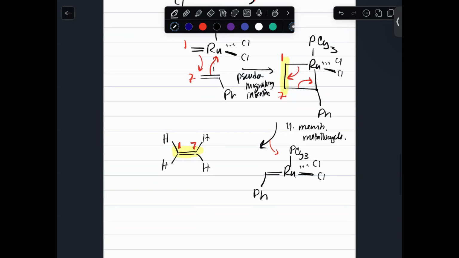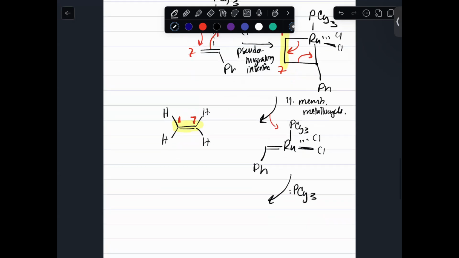The only difference is the addition of PCy3. So I have to finish this off by adding the PCy3, the phosphorus ligand. So again, ligand association comes back, and I've regenerated my catalyst. Really clever how the catalyst is regenerated.